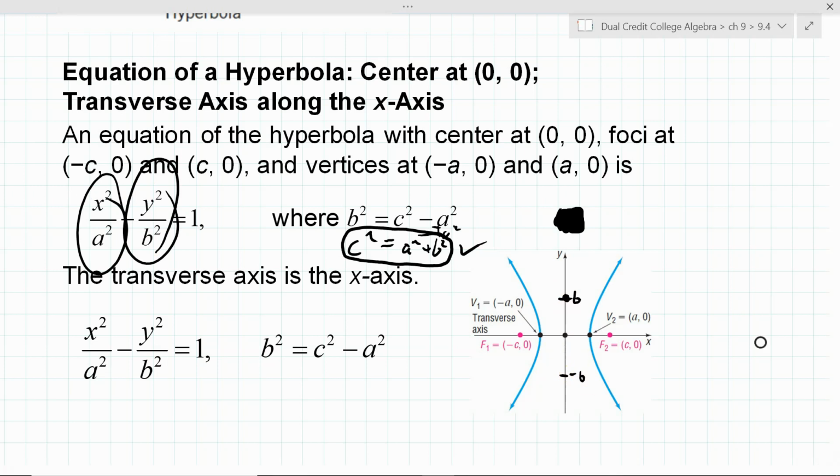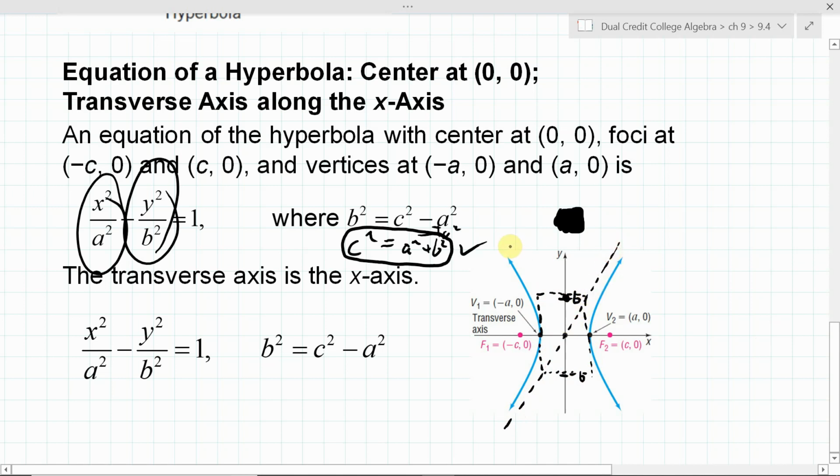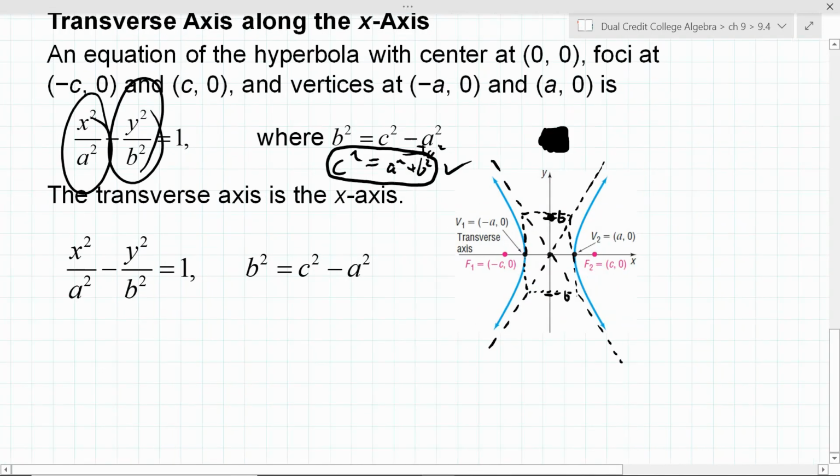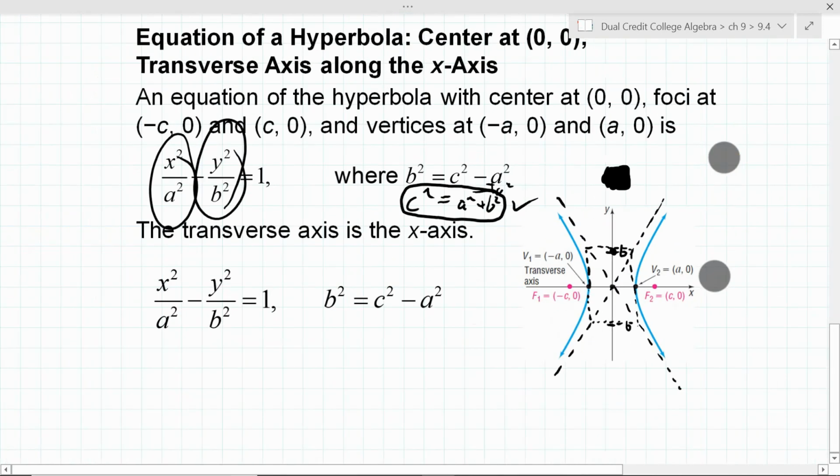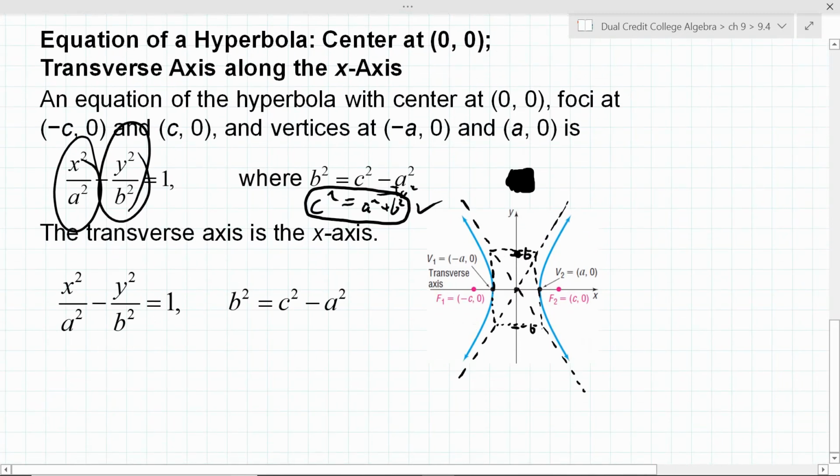And if I would draw a box between the vertices and those points between those two U-shaped hyperbolas, and then construct the asymptotes by drawing the diagonals of the box, it's a way to see the whole thing, the whole relationship. Okay. All right. Don't get too hung up on that yet.